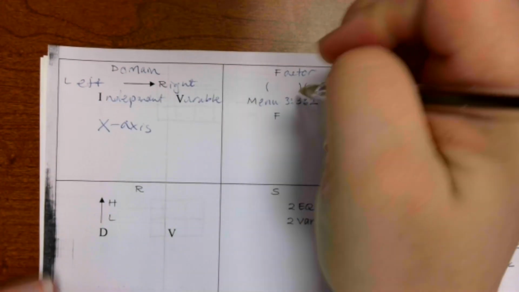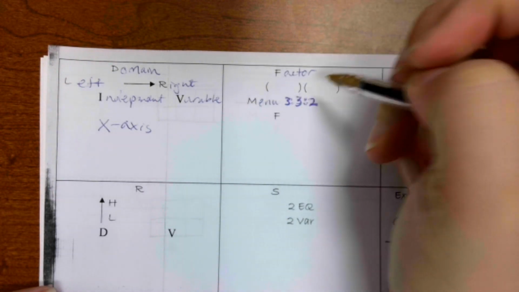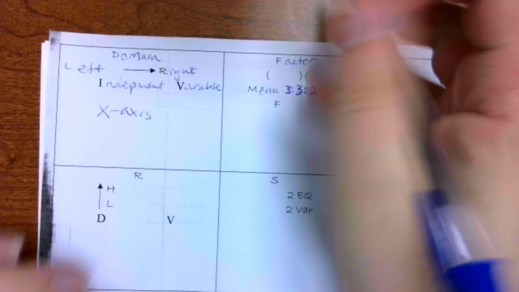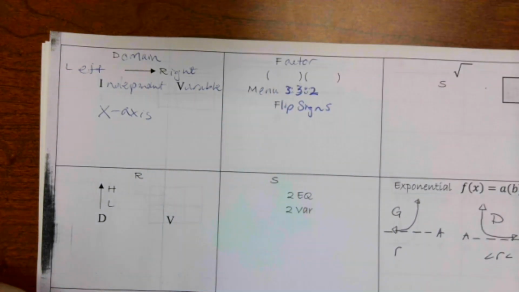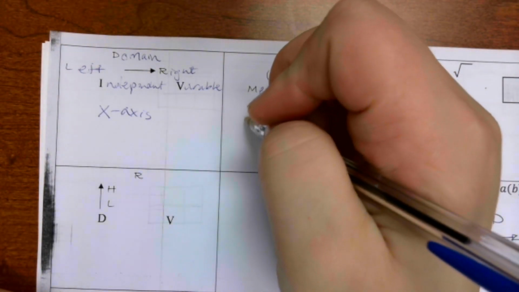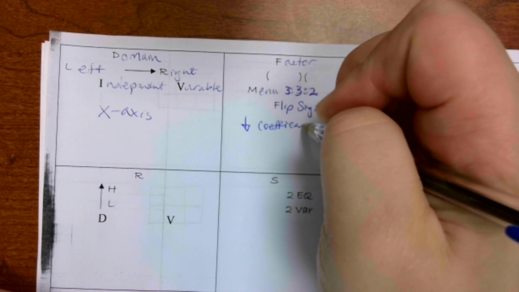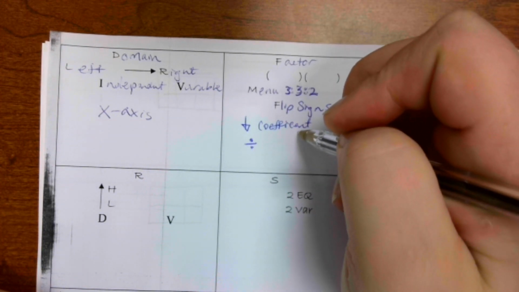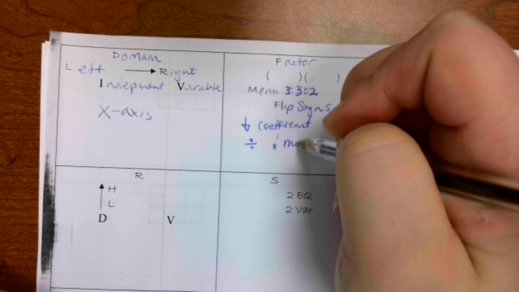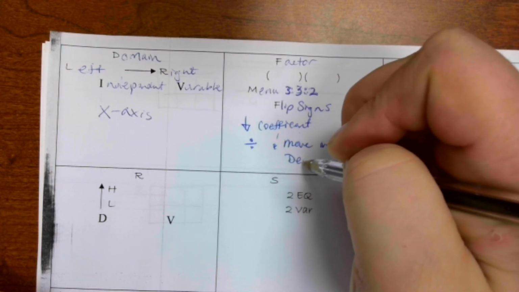You're going to use menu 3, 3, 2. You've got to remember to flip the signs. You should also remember to bring down the coefficient. You're going to divide the coefficient and move it in front of the denominator.